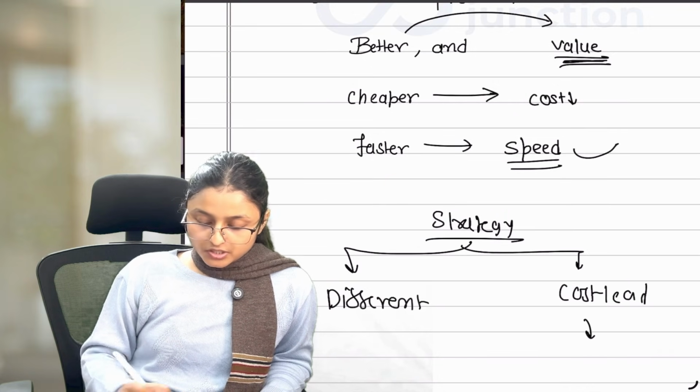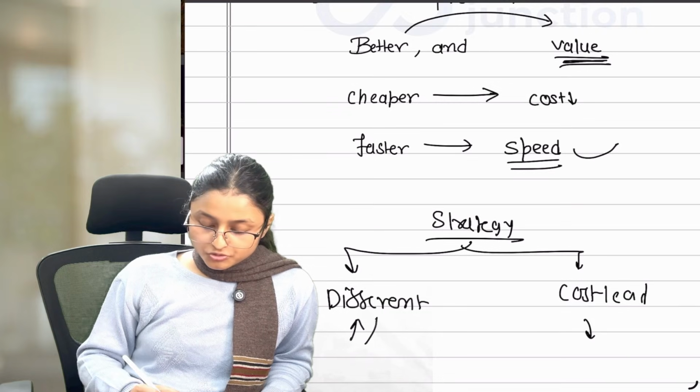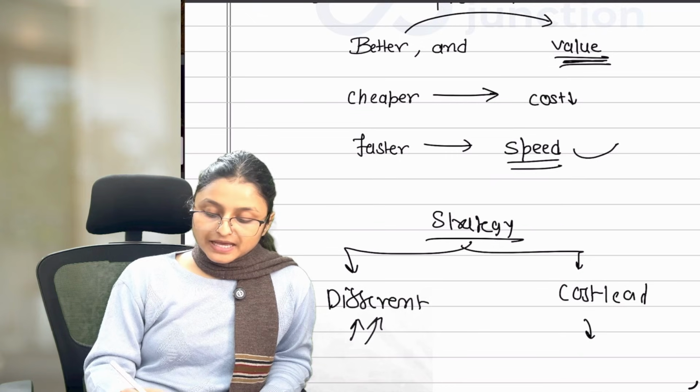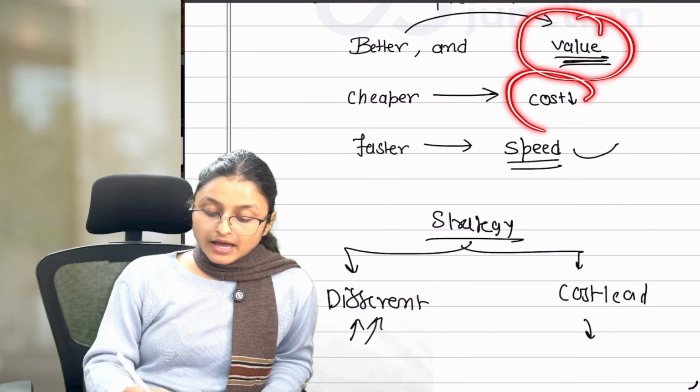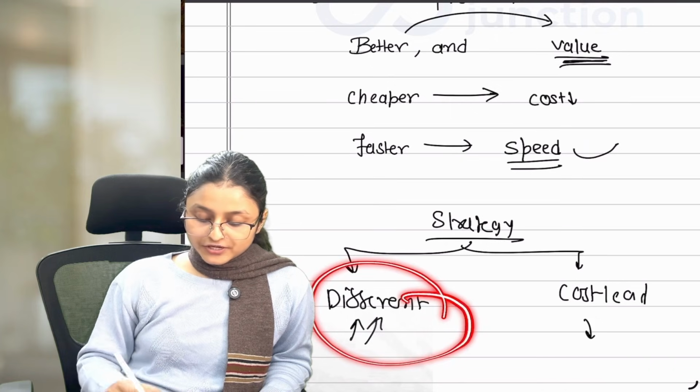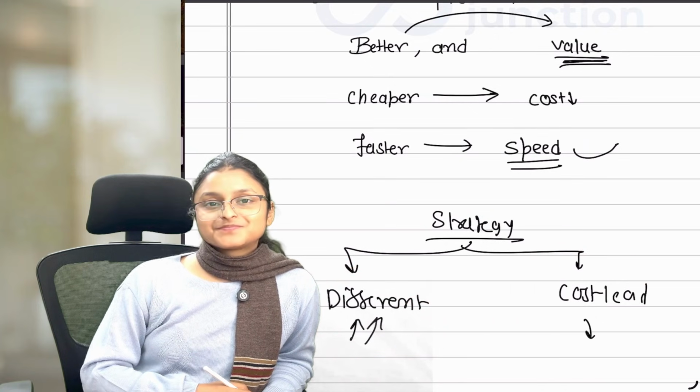That means reducing cost or adding value or doing something different than other competitors. But the thing is, with the help of supply chain, I am able to add value. I am able to reduce cost. So am I a differentiator or a cost leader?